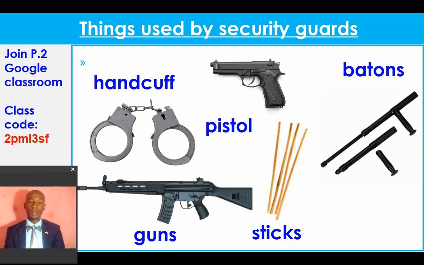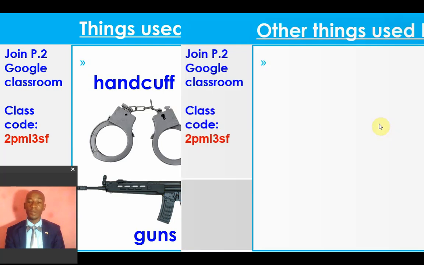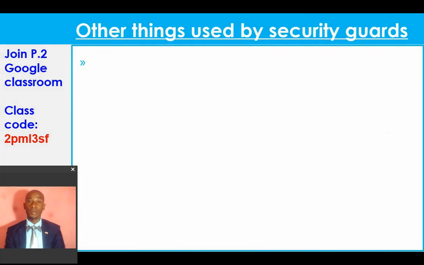So they also use handcuffs, pistols, sticks, guns, batons. Not only these ones, they have others which I don't see police using. Maybe they use them, but for me I have never seen. The things that can be used are very many.